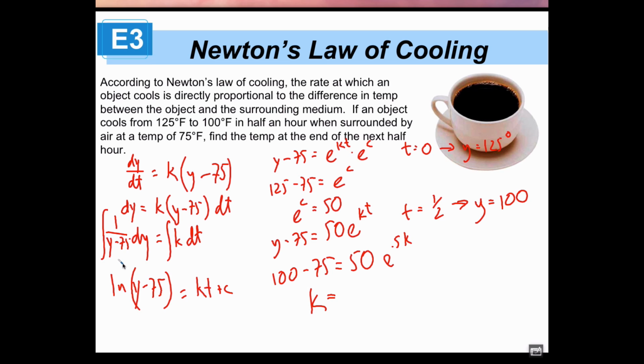Is it negative like you thought? Yep. Is it a reasonable number or is it ugly like the other one? It's reasonable. What do you got? Negative 1.386, and that's obviously rounded. Y minus 75 is equal to e to the negative 1.386 t.